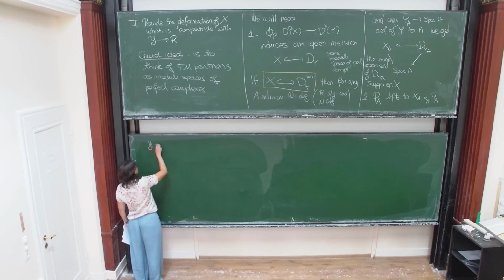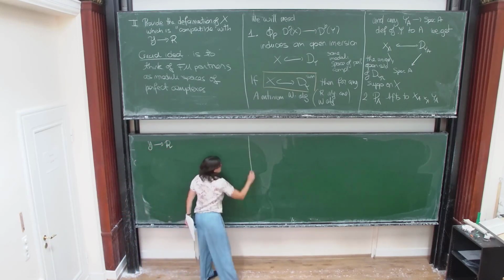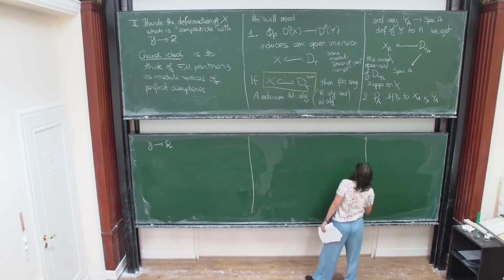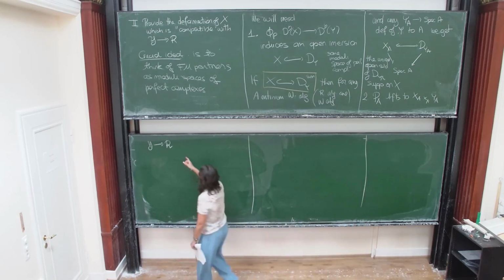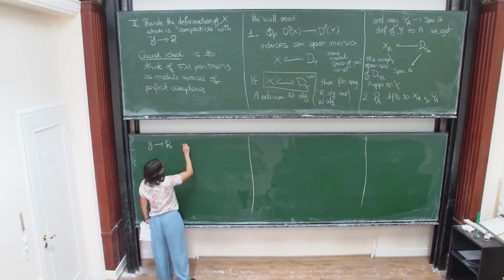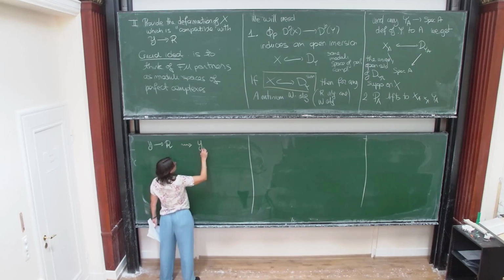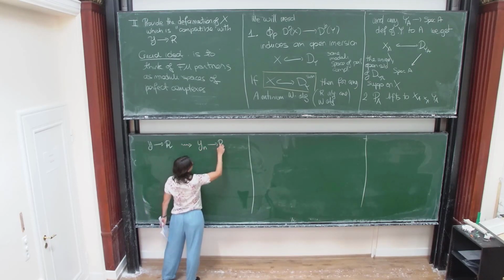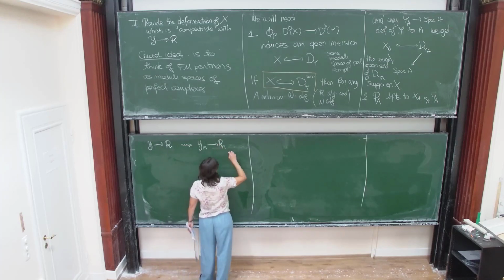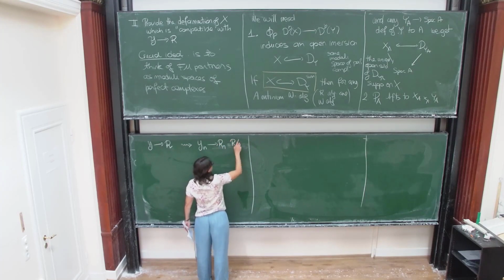So then we start with y over r, and then from these we can get yn over rn, which is r over m to the n plus 1.